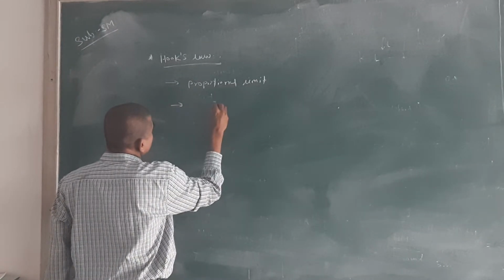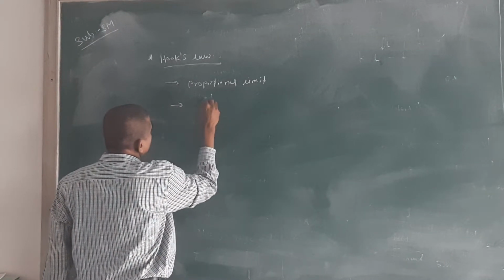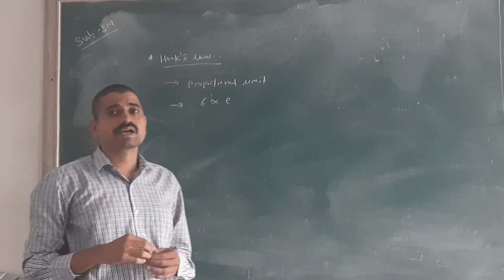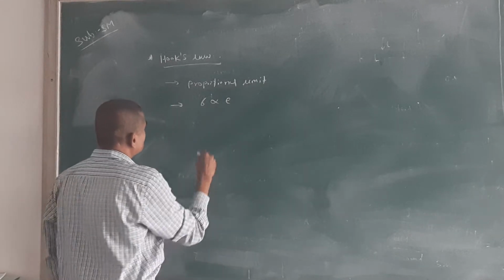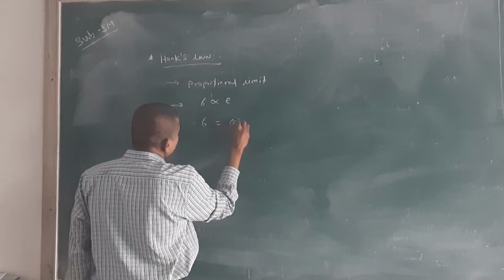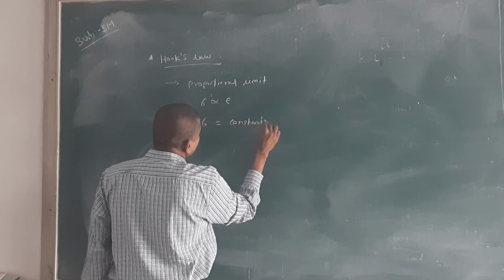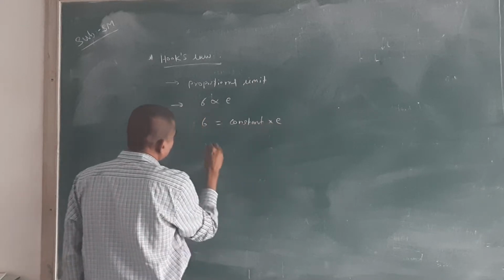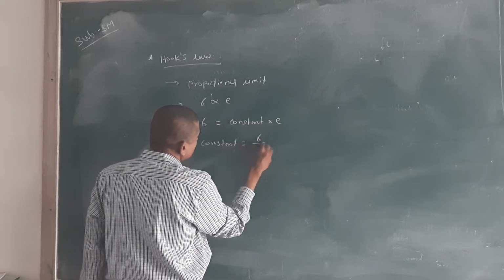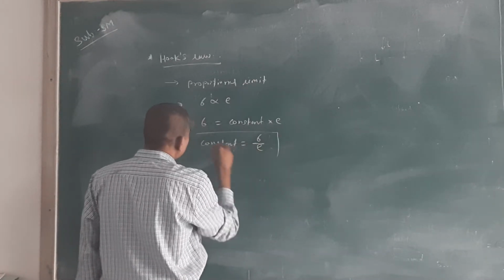We can say stress is directly proportional to strain. Then we can write sigma is equal to constant into E, or the relation constant is equal to sigma divided by E.